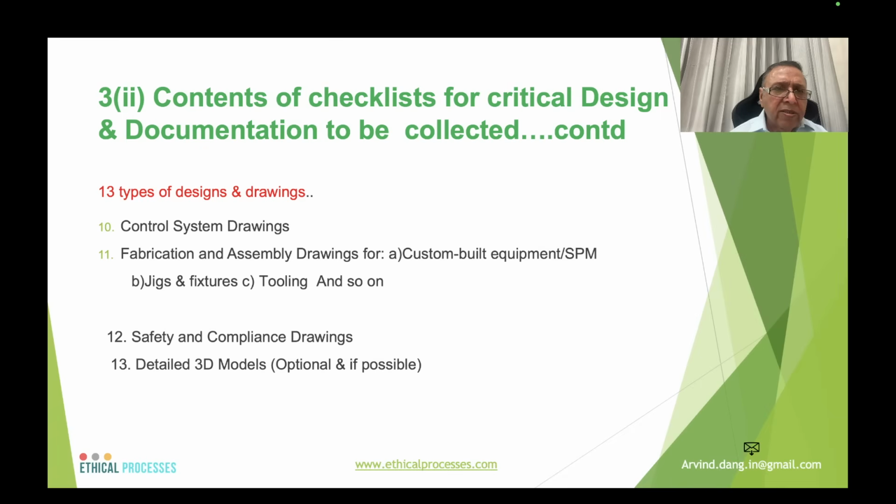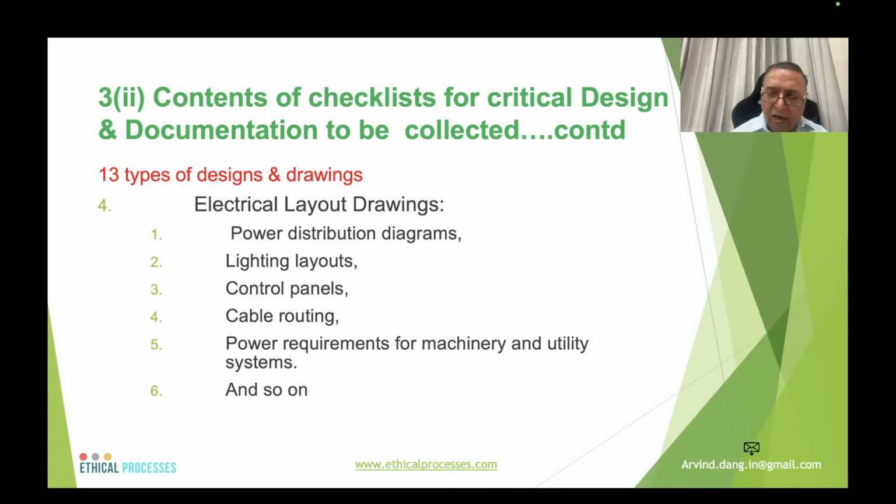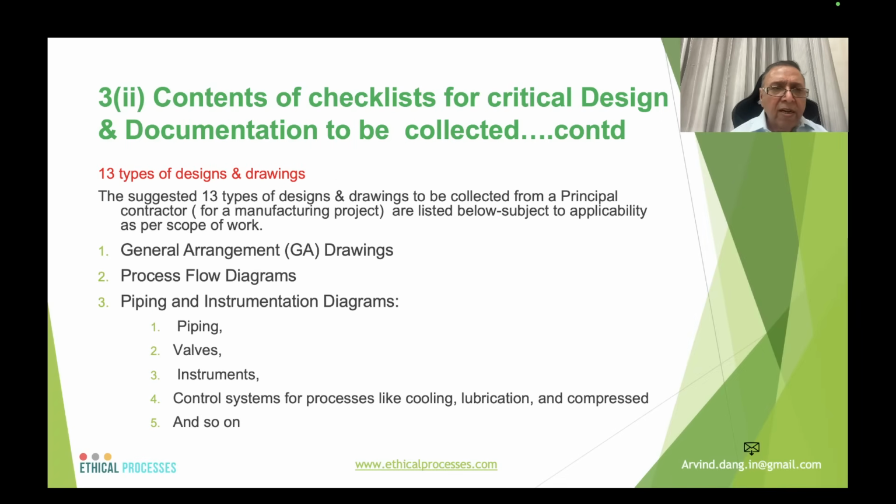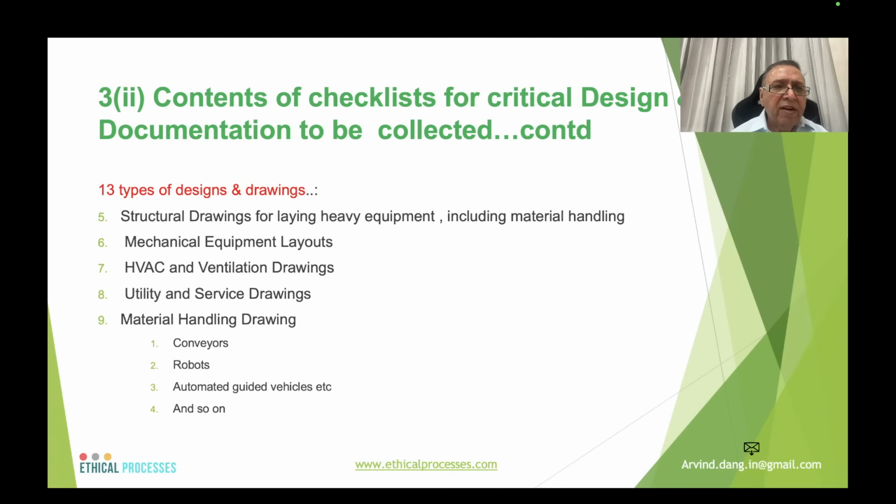Control system drawings, fabrication and assembly drawings for custom built equipment, SPM, jigs, fixtures, tooling, etc., which are required under the scope of the contractor, safety and compliance drawings, and detailed 3D models, optional, and if possible, preferably this should also be there. You can imagine, in case these 13 types of documents are not collected, it can really make the maintenance of the project very difficult.